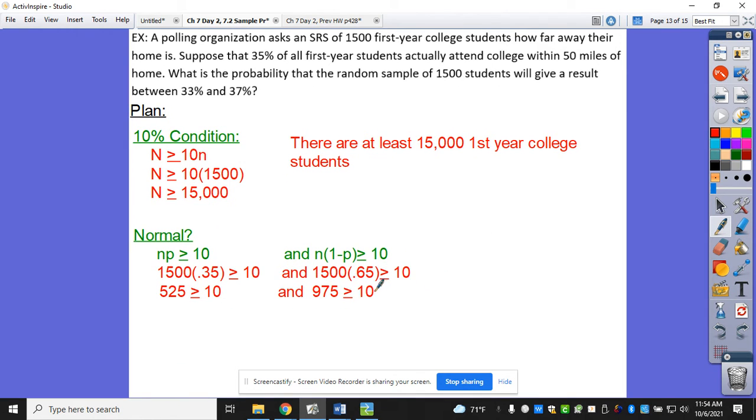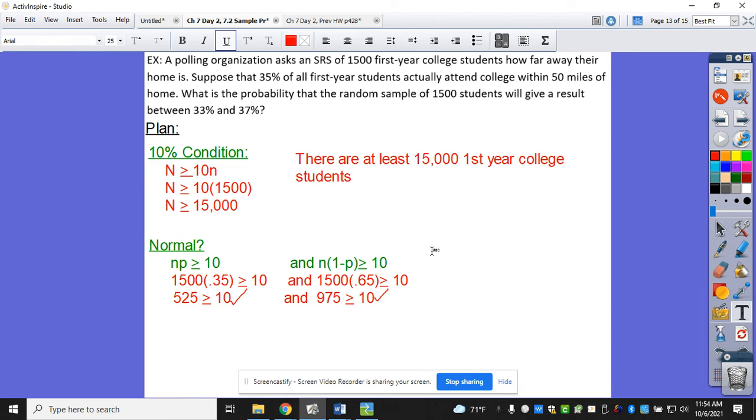Usually I do a check there, but I'm not grading if you put a check mark. And then I need to write at least 10, what? First-year college students.